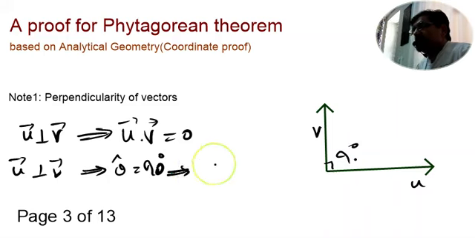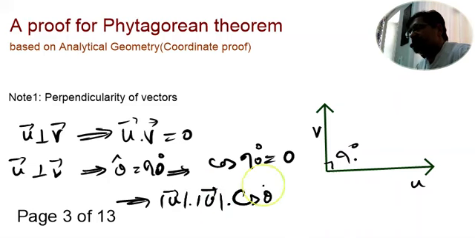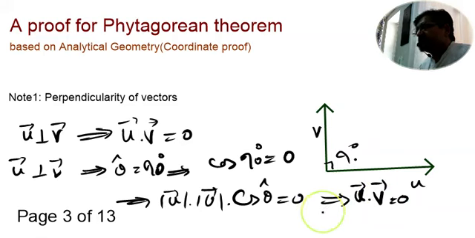So the cosine of 90 is 0, so norm of U times norm of V times cosine of theta equals 0, so U dot V equals 0.